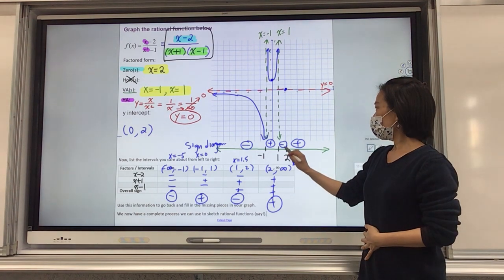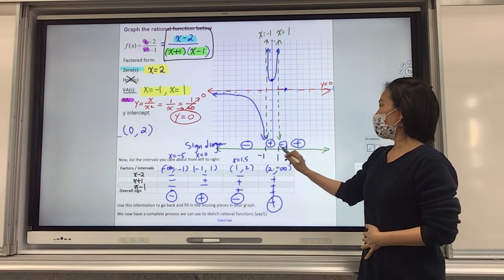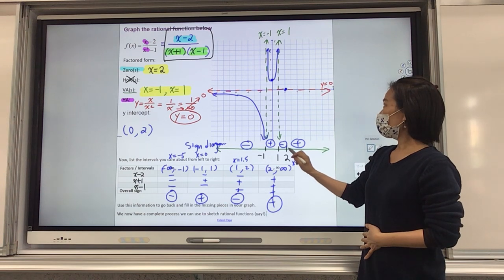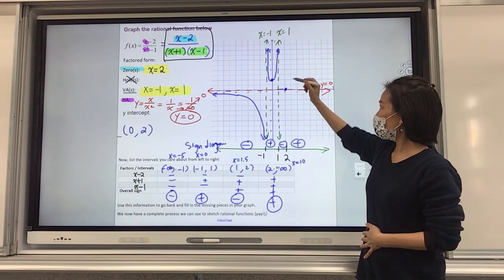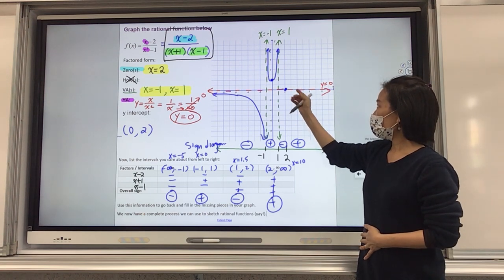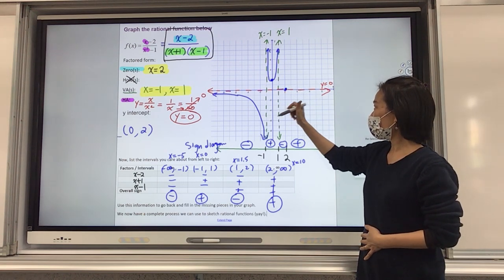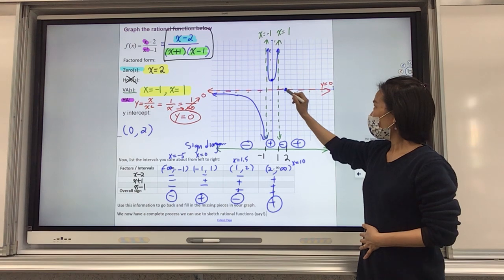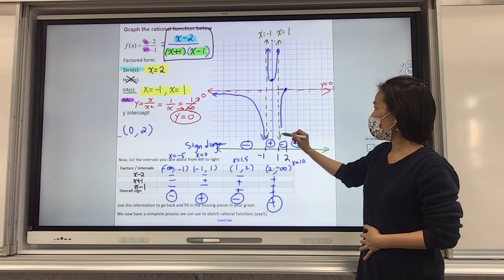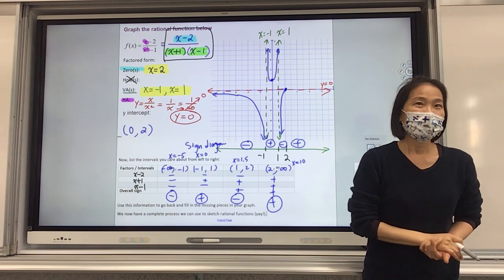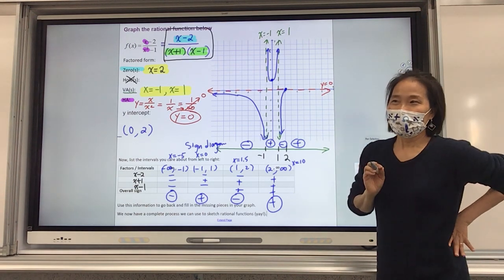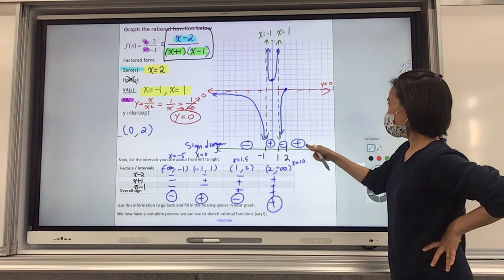Right here, negative 1. 1 to 2 is negative. The x-intercept is here. So I need to approach the vertical asymptote. When I get closer, it will shoot down since it's negative. Here is very tricky. It's positive.